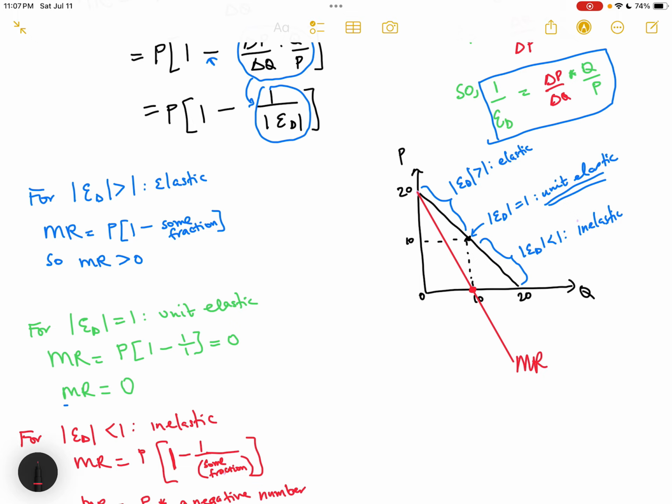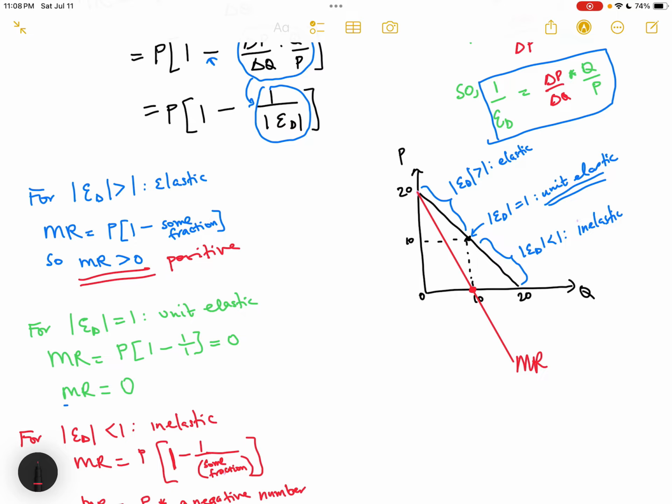So 1 minus some fraction, you will get a positive number. So times P, still a positive number. So marginal revenue is positive where price elasticity of demand is elastic along the inverse demand curve, right? Okay.